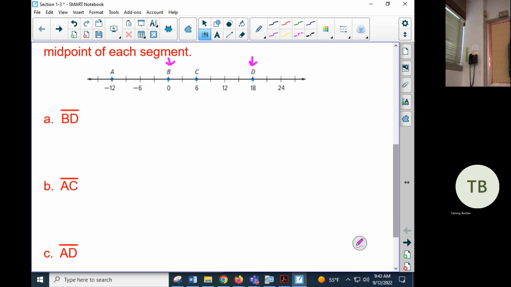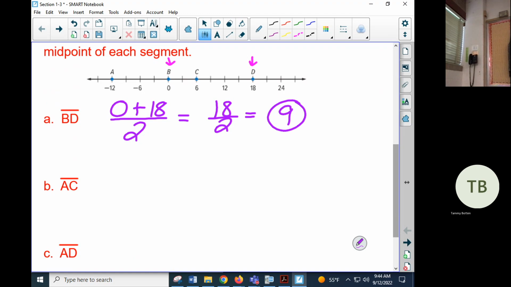But say that we had to show our work on a formula. Let's just say that you would go 0 plus 18, you'd add those two together, and then you would divide by 2, okay? Now 0 plus 18 is just 18 over 2, and 18 divided by 2 is 9. That one though, most of you probably would just do in your head, okay?